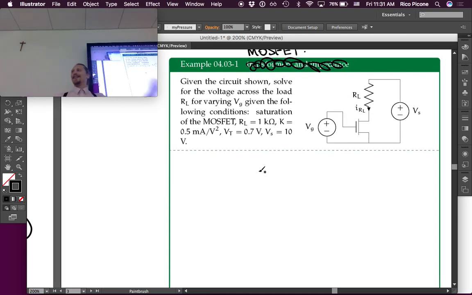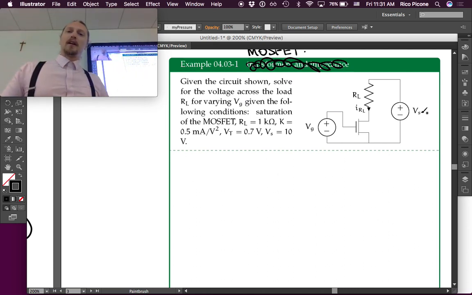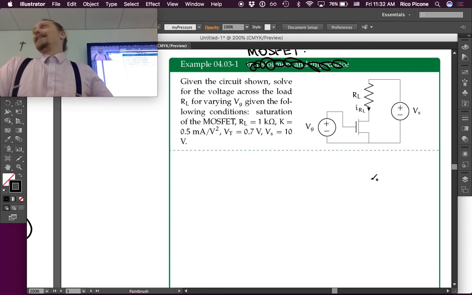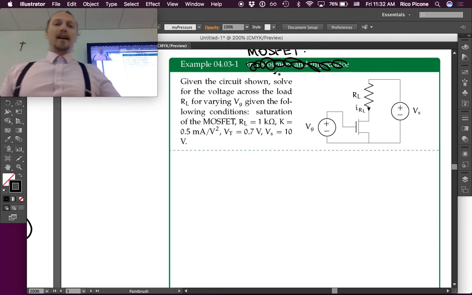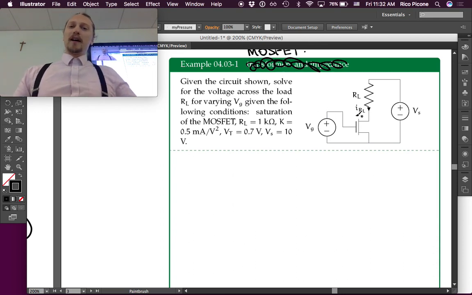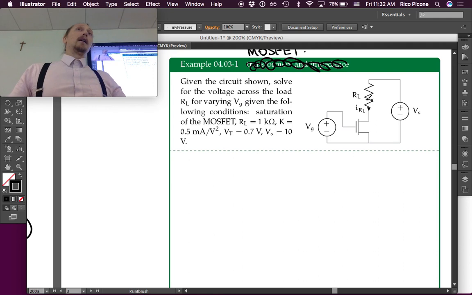So we have this circuit shown here. Look at that, we've got ourselves a little MOSFET in there. I know, surprising, right? And it has a load that we're going to try to drive voltage across and current through from what we could call our power supply or a power source.